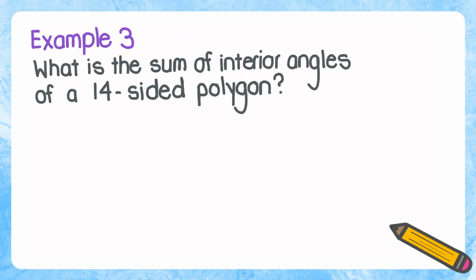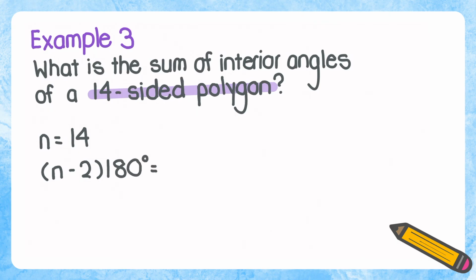Here's example 3. What is the sum of interior angles of a 14-sided polygon? So here we're given that the polygon has 14 sides. So n equals 14. We can find the sum of interior angles by using this formula. And since n equals 14, this becomes 14 minus 2 times 180 degrees.